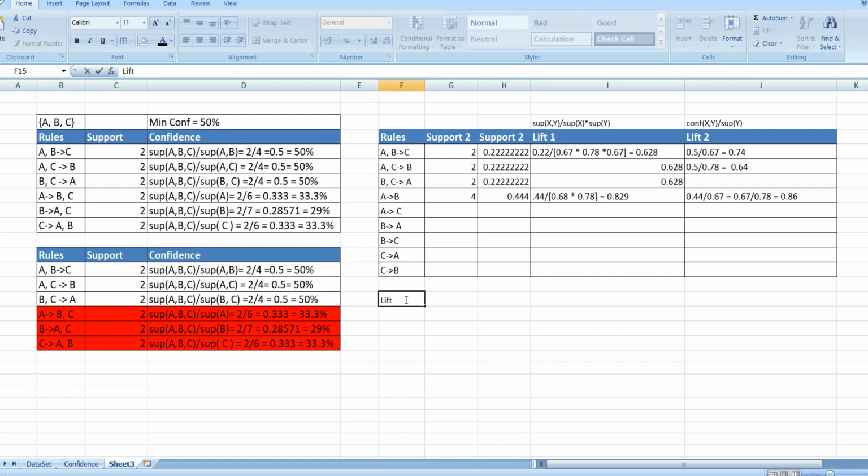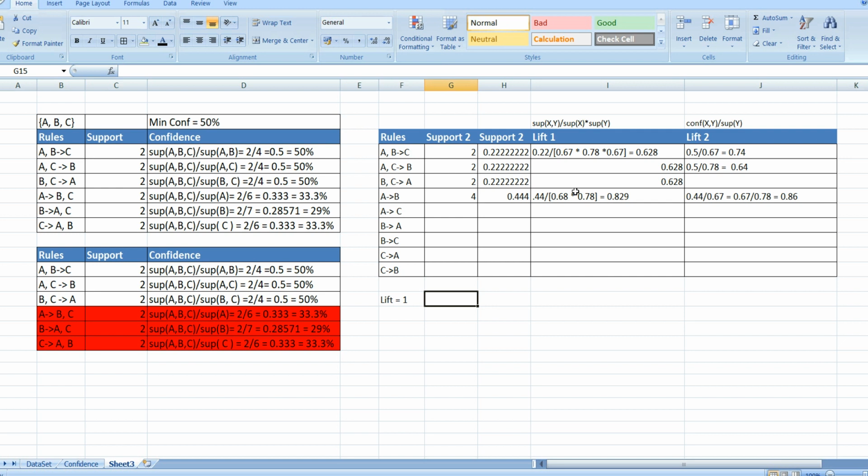When our lift is equal to 1 or closer to 1, it means that the items we are considering are independent of each other.